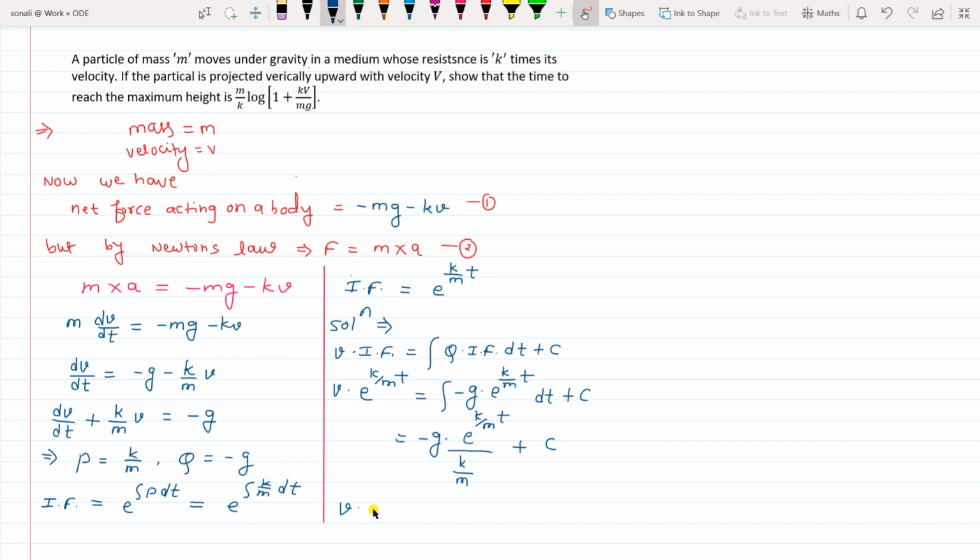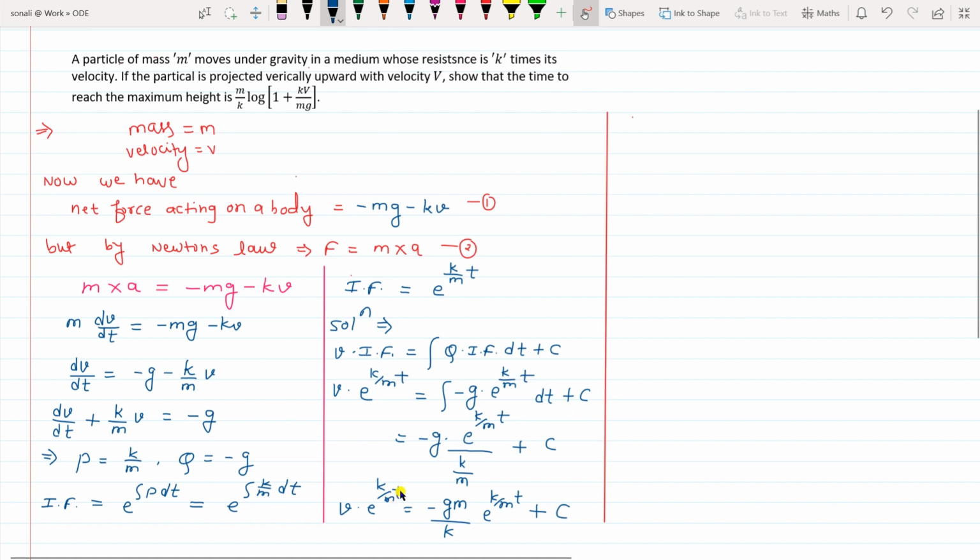Let's write it in a simple way. e to the power k by m into t is equal to minus g, m will go in the numerator, upon k e to the power k by m into t plus c.